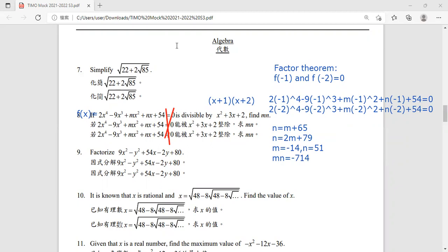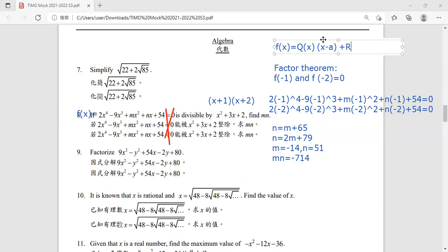I use the remainder theorem here. Anybody don't know what the remainder theorem is? If you don't know, I will explain it a little bit more. Now for f(x), if it is divisible by x minus a, then I will have a quotient, let's say Q(x), times x minus a, plus a remainder.